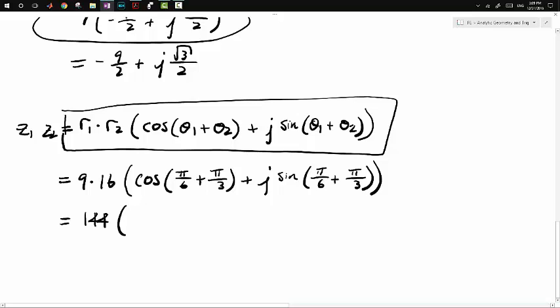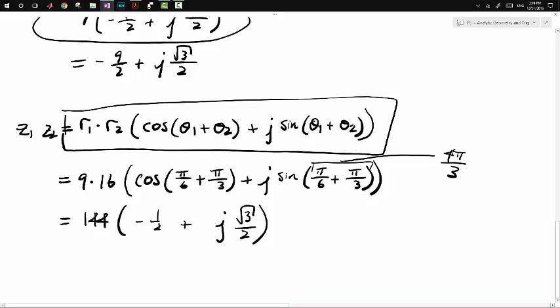Cosine of pi over 6 plus pi over 3 is 4 pi over 3... or rather, the angle sum is 4 pi over 3 in the speaker's working, and cosine of 4 pi over 3 is negative 1/2, plus j sine of pi over 6 plus pi over 3, again 4 pi over 3. So sine of 4 pi over 3 is root 3 over 2.